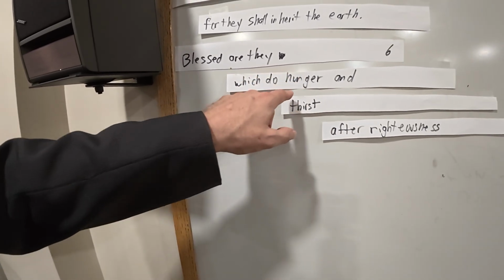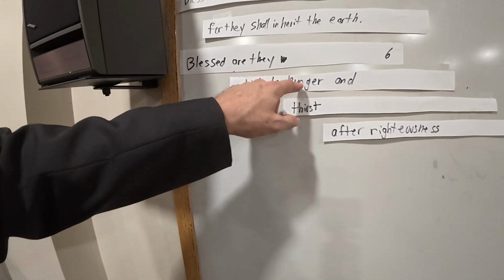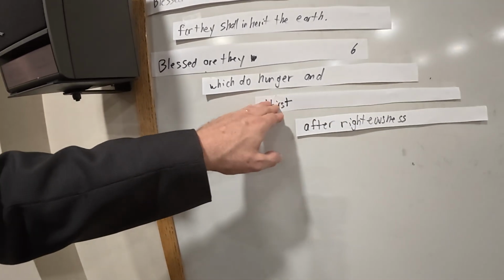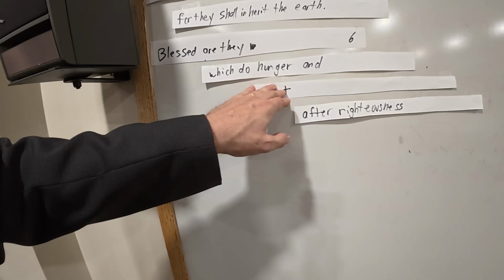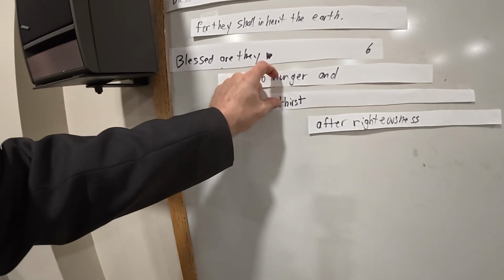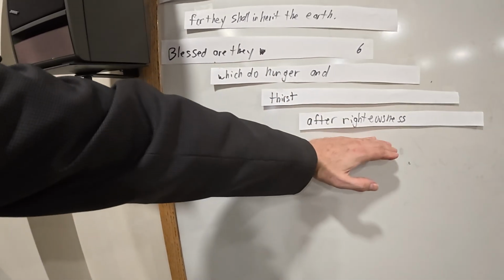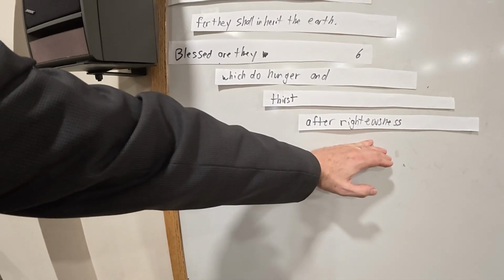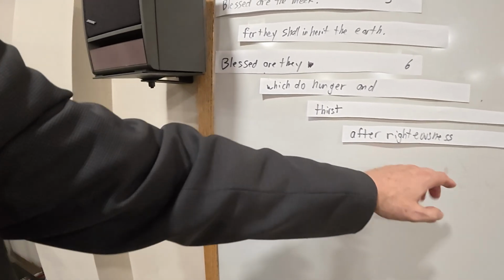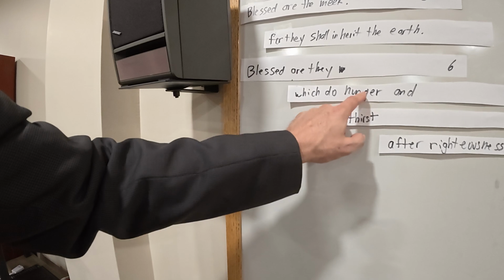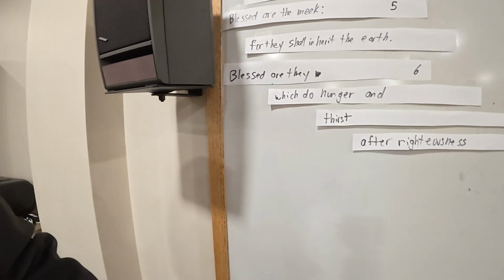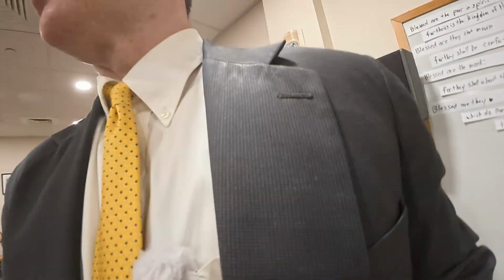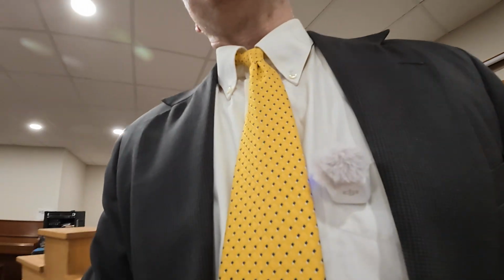Then hunger and thirst. And then after righteousness is describing the hungering and thirsting. Because it's describing these, then it has to go in the weaker position. That's why it's going to go here. Because it's describing hungering and thirsting. So this is in the perfect spot right there.